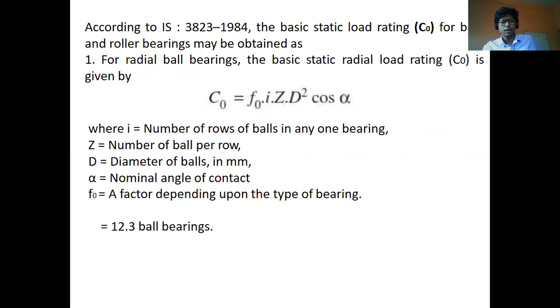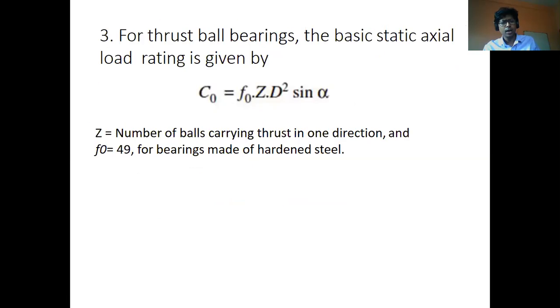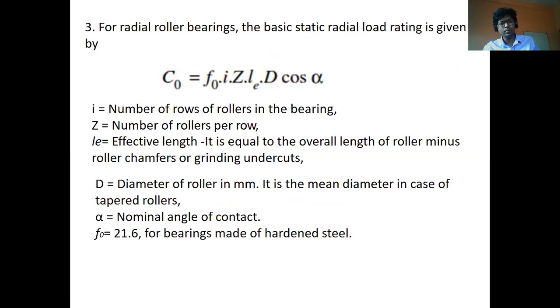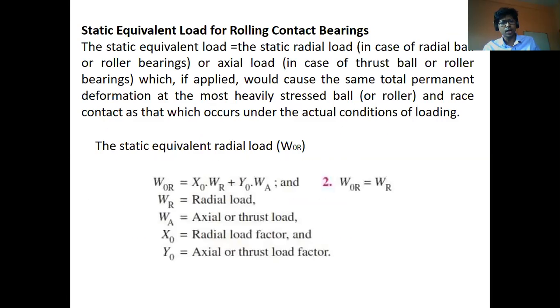Here you will see this is for radial, for different bearing materials. If it is a radial ball bearing, you use this condition. If it is a thrust ball bearing, we use this condition. If it is a roller bearing, we use this condition. If it is a thrust roller bearing, then we use this equation.